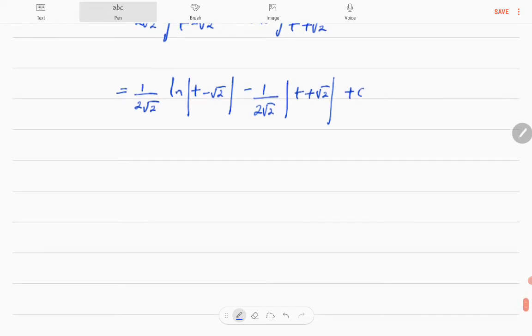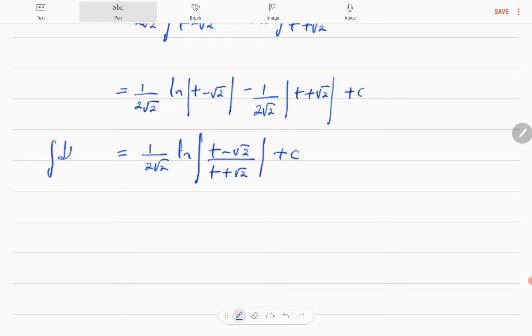And of course, from our log properties, we can have 1 divided by 2 root 2 ln absolute value of t minus root 2 divided by t plus root 2, plus c. So we've been able to integrate dt divided by t squared minus 2.